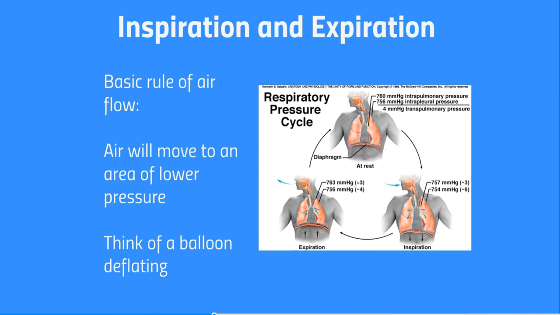To put that in perspective, if you've got two areas and one has a high pressure and one has a lower pressure, then the air will always move from the area of high pressure to the area of low pressure. We can use weather as an example. If you've watched a weather program on the news, they often talk about highs and lows, and you see those H's and L's come up in different parts.